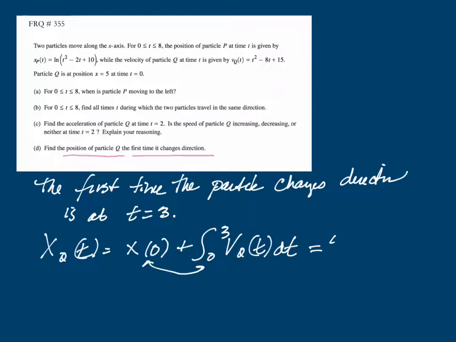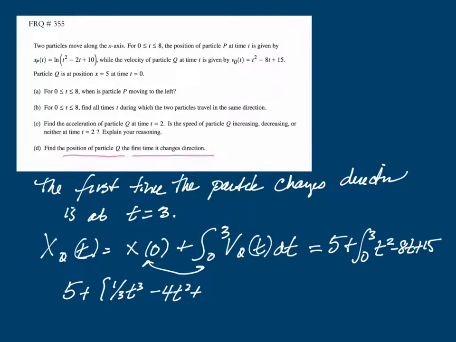So that's equal to 5 plus the integral from 0 to 3 of t squared minus 8t plus 15. This is a non-calculator question, so you have to do it by hand. That'd be 5 plus, and then the antiderivative is 1/3 t cubed minus 4t squared plus 15t, and we want that from 0 to 3.